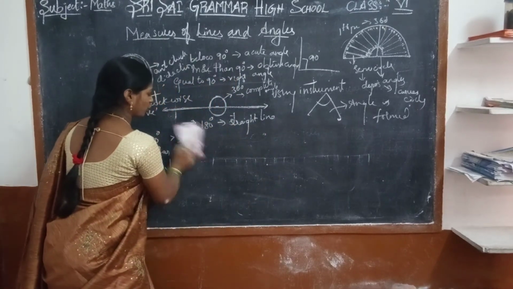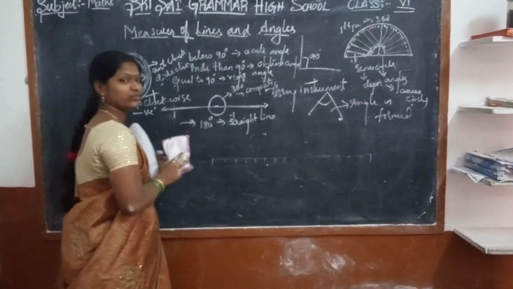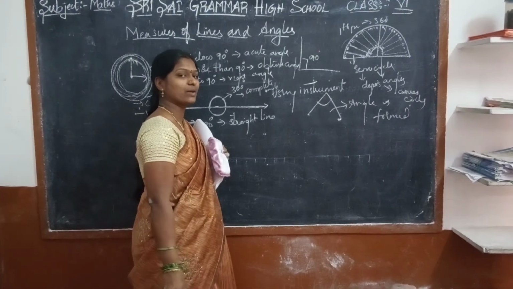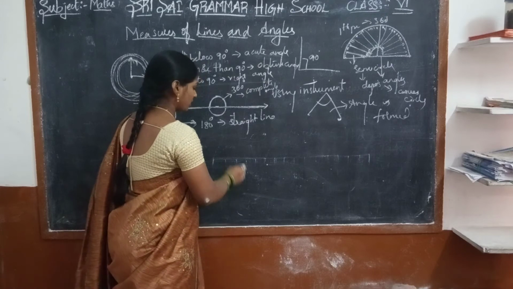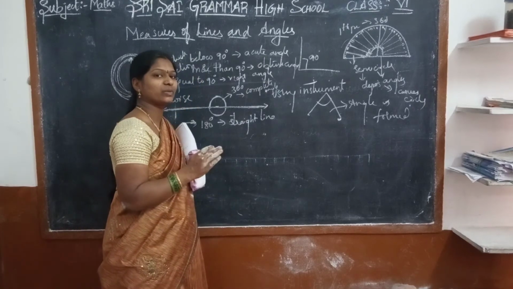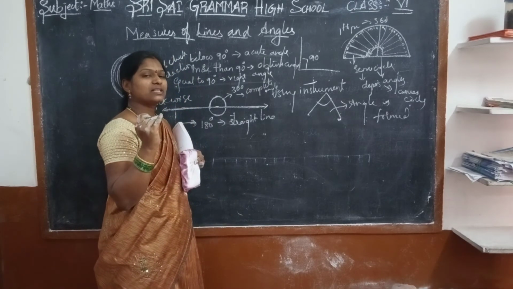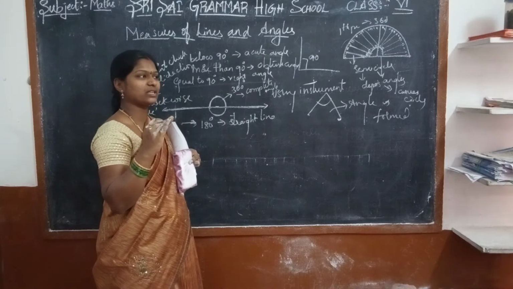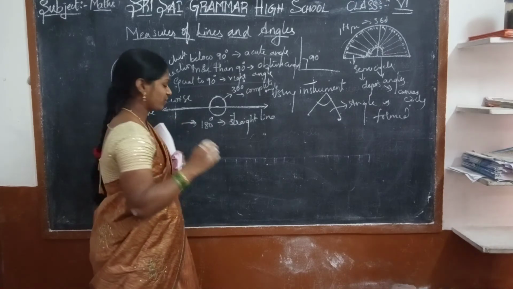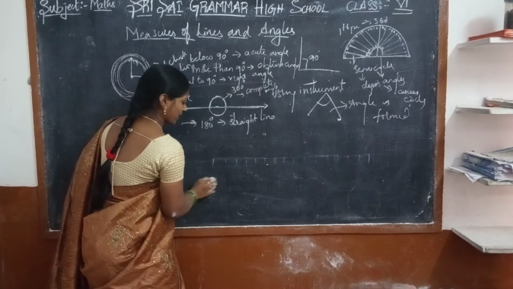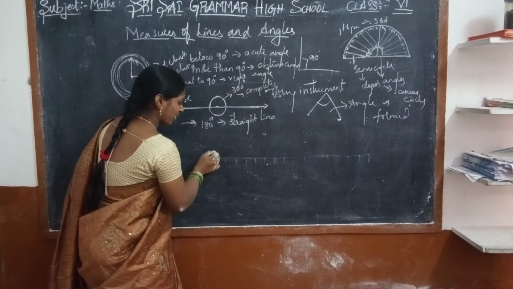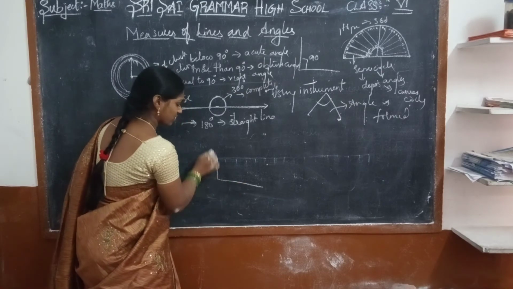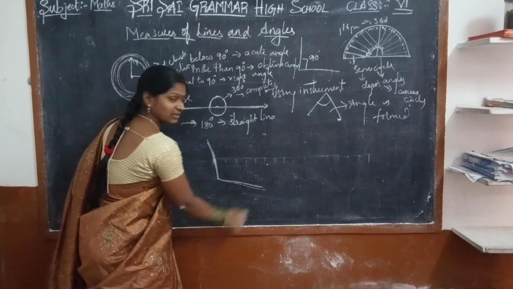If you want to know if an angle is obtuse or acute, what we have learned is that acute means it is less than 90 degrees. Take a protractor and measure, for example, an angle like this.